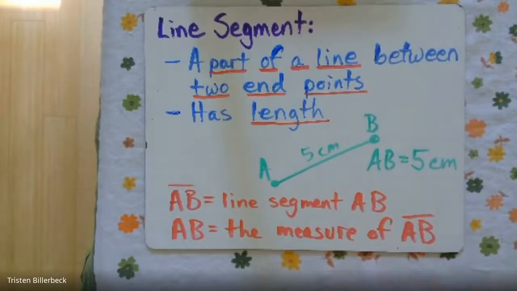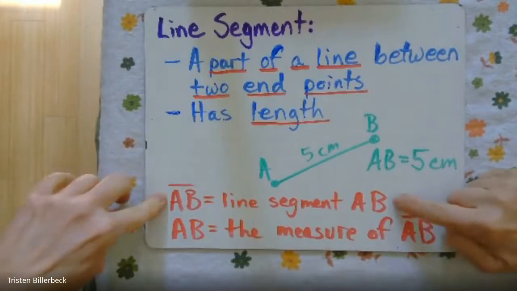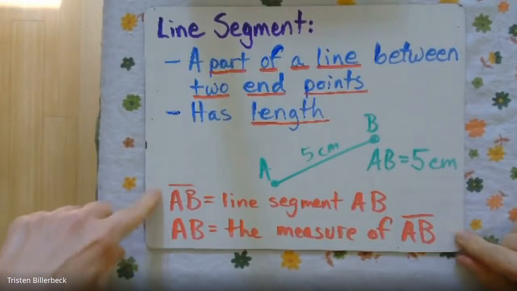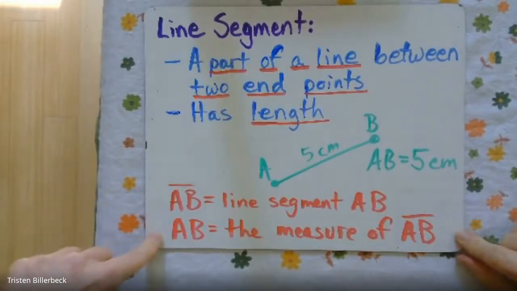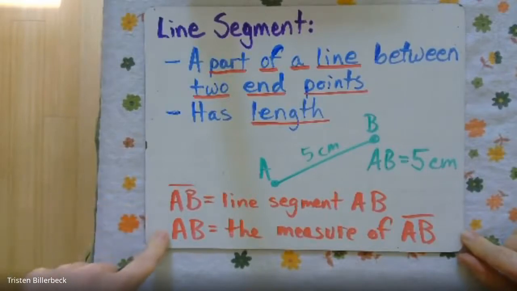So that's my measure, but I am Ms. Billerbeck. This is the thing, this is the measurement, so please make sure you know when to use both. This is naming the line segment. This is saying it's equal to some measure.